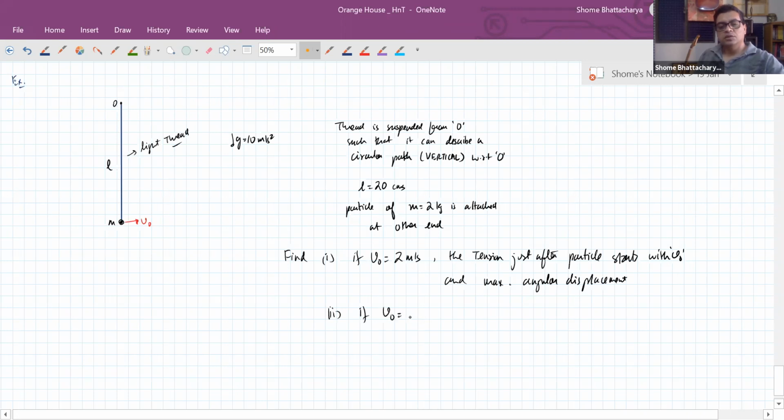If v0 is equal to 2 root 2 meters per second, then will the particle complete the vertical circular motion?